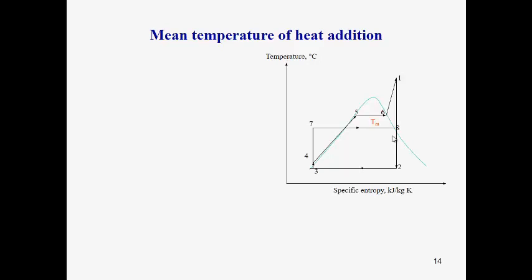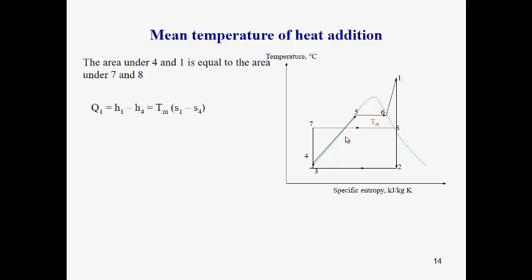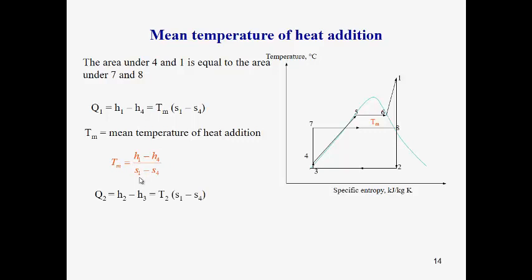Then this T7, T8 is called the mean temperature of heat addition. From the calculations, the heat supply Q1 is H1 minus H4, and the heat supply in terms of the mean temperature is Tm times S1 minus S4, the area under the TS diagram. The unknown Tm, the mean temperature of heat addition, is calculated by H1 minus H4 by S1 minus S4.